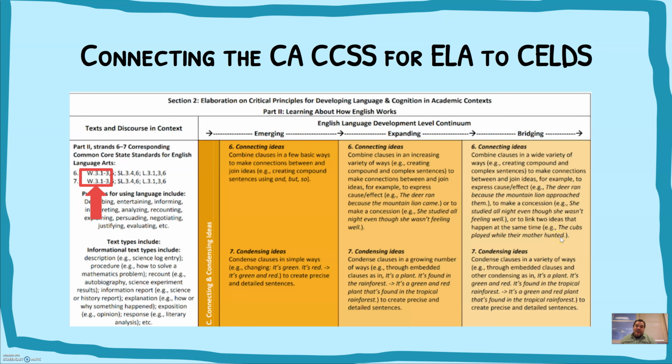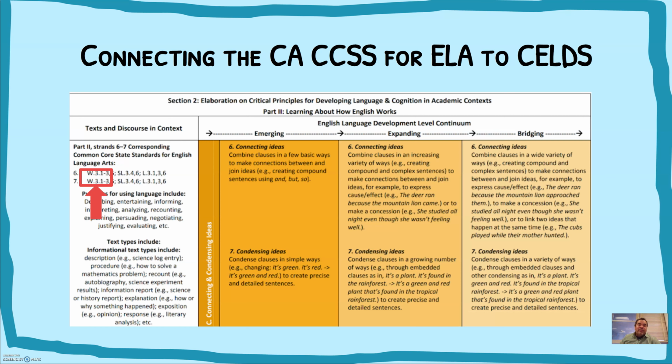So using this standard, in connection to Common Core State Standard W33, we can have a student narrative writing, and maybe they're solely writing one sentence. Subject, verb, information.